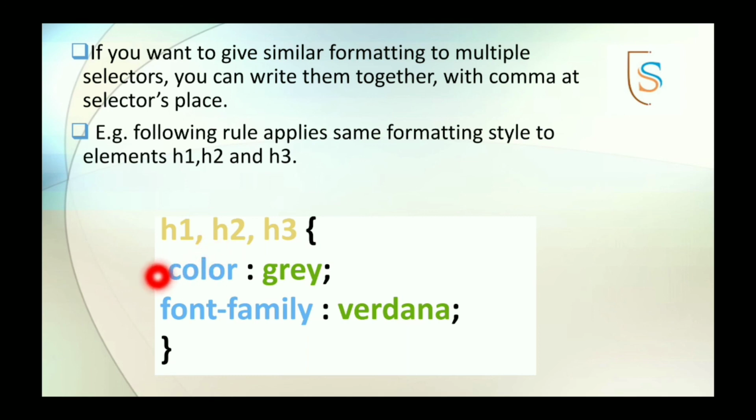I have defined the color as gray. Color is the property for font color and gray is its value. Then font-family is the property for setting the font style, and Verdana is its value. So these three heading tags will show in gray color with this particular font style. I hope this is clear to everyone.